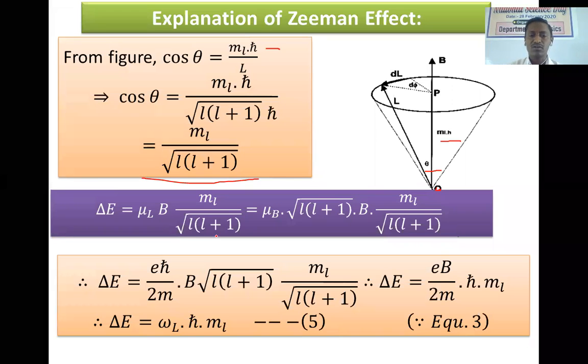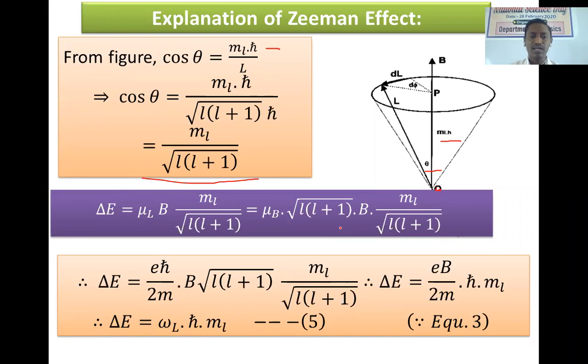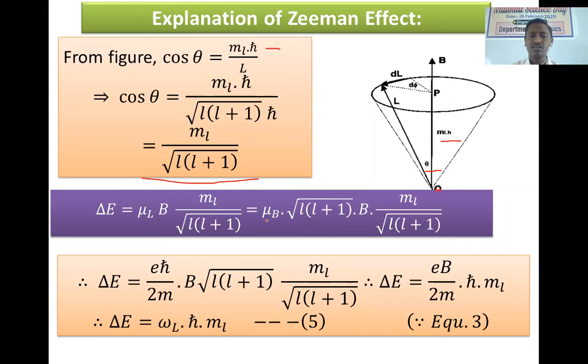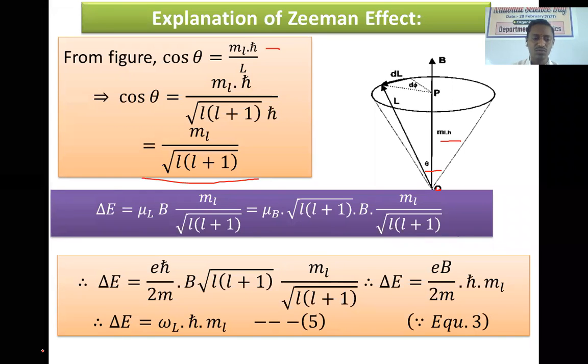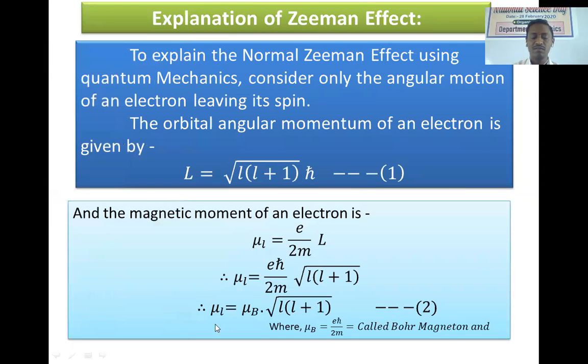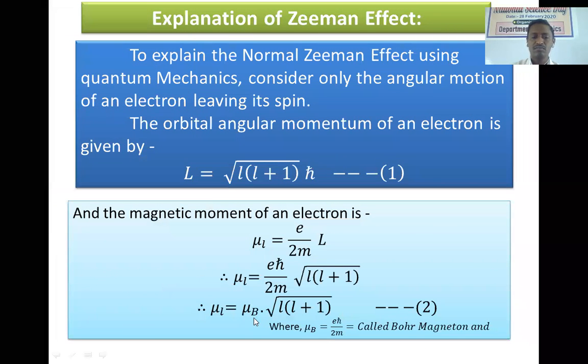Now put the value of mu L, which will be mu B into under root of l, l plus 1, where mu B is the Bohr magneton. We have taken this from equation number 2. Let us see equation 2: mu L equals mu B into under root of l, l plus 1.